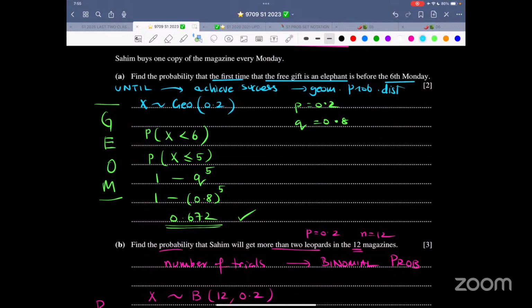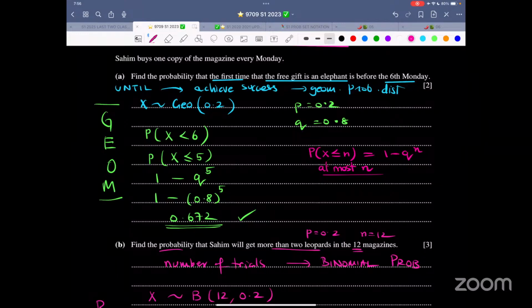Again, 2 things are very, very important. Let me write it down. Probability X is lesser than or equal to N, that is 1 minus Q raised to power of N. This is at most n. Remember this thing, at most n.